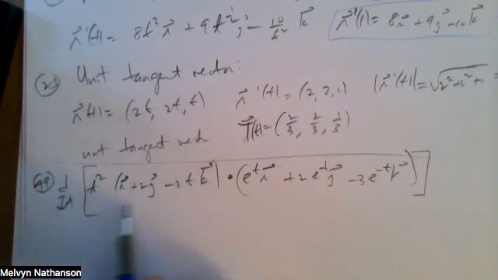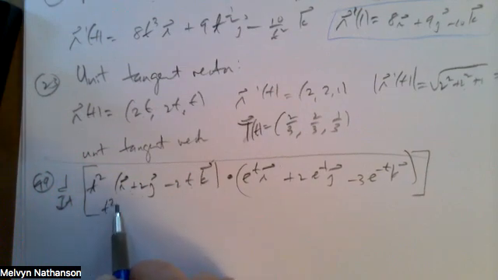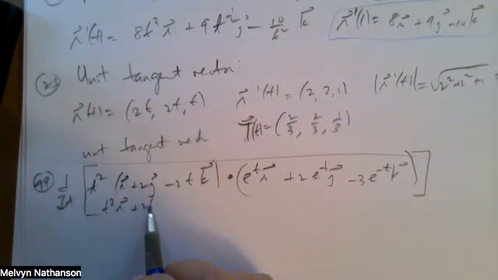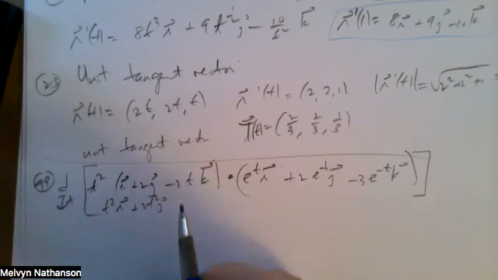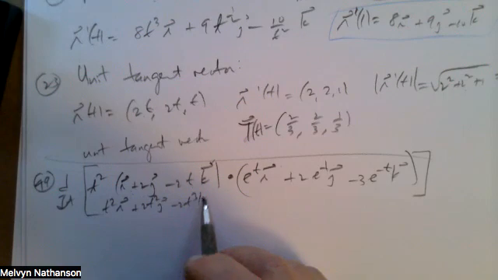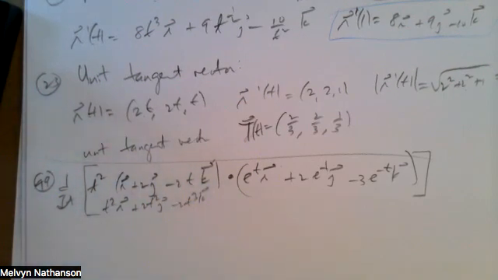So if I differentiate this first function, this is really t squared i plus 2t squared j minus 2t cubed k. Now let me just do it like that.